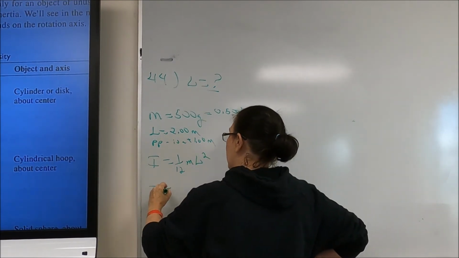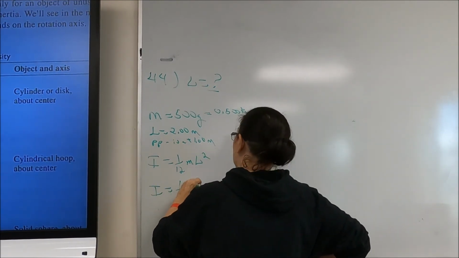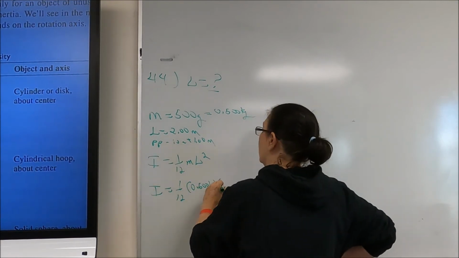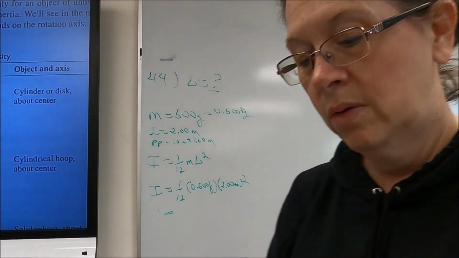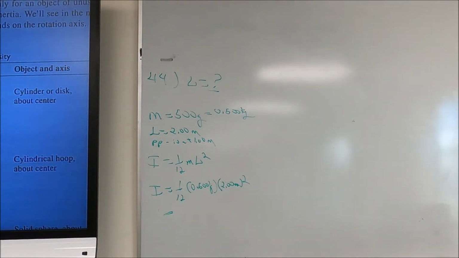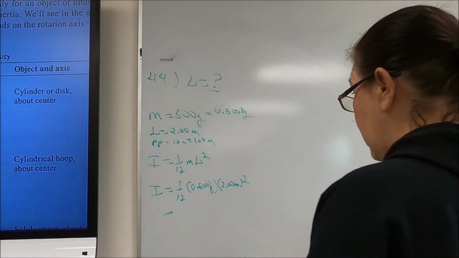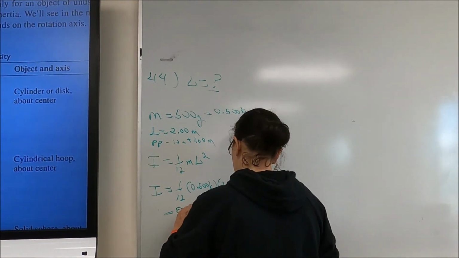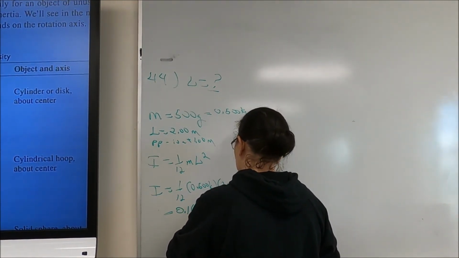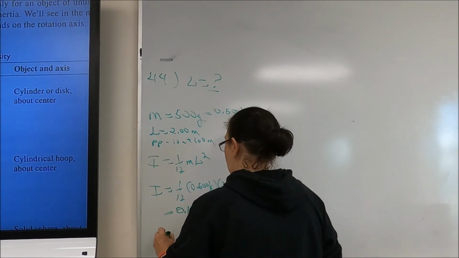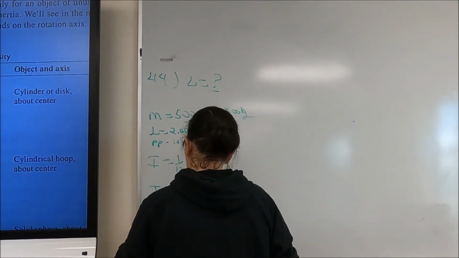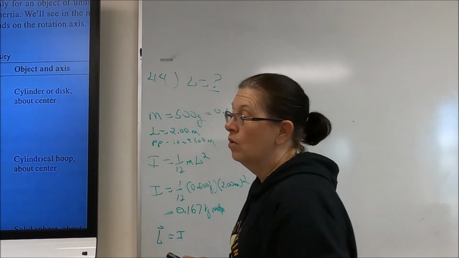So the moment of inertia here is 1/12 times 0.500 kilograms times 2 meters squared. So 0.5 times 2 squared divided by 12 is 0.167 kilograms meters squared.